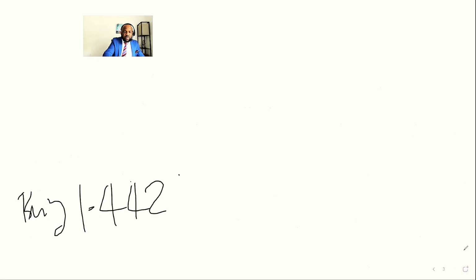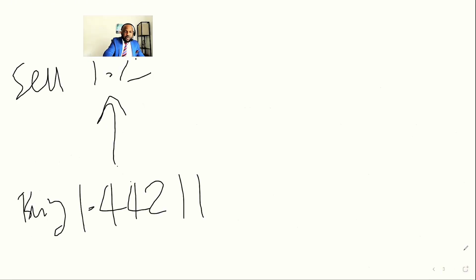So let's start using our language. We bought Euro USD at 1.44211. Price moved up a little while, and then we decided to sell it back at maybe our take profit at 1.44311.